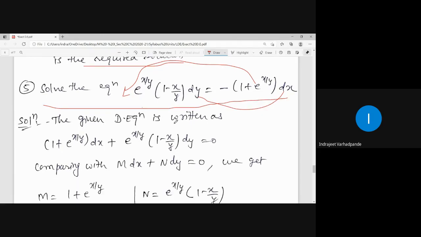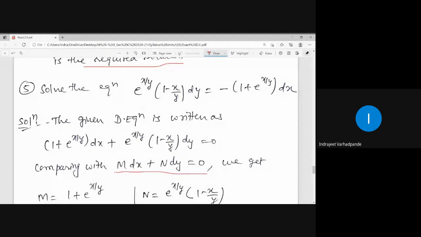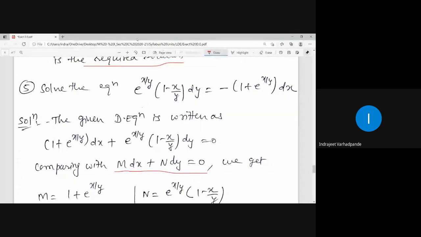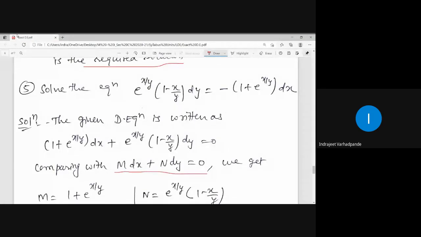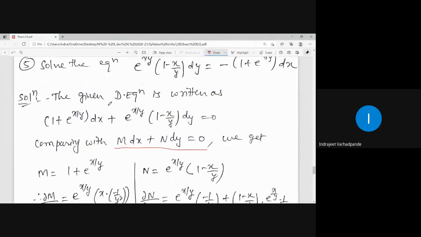Comparing with M dx plus N dy is equal to 0, we get the value of M and the value of N. Completed?